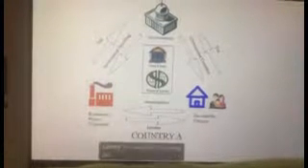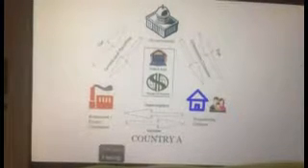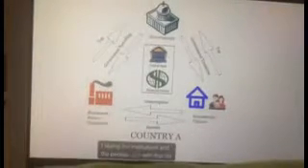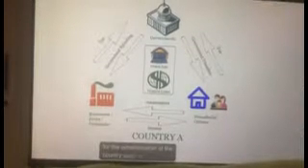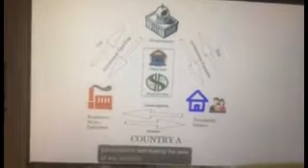Now, running the country will definitely need money, and the governments raise that money by taxing the institutions and the people, right? With this tax, the government of course pays for the administration of the country, pays for the process of policy making and making the laws of any particular country.